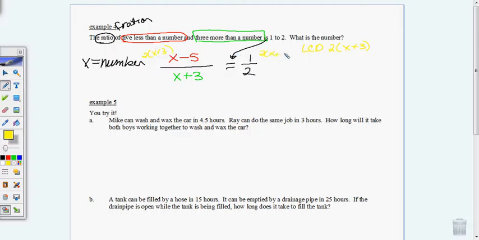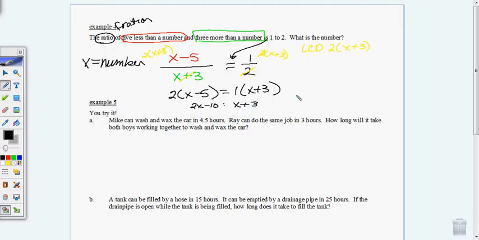And if somebody said, oh, I can cross multiply, if you know how to do it, that's fine. The x plus 3 is going to cancel out. The 2 is going to cancel out on this side. And I am going to be left with 2 times x minus 5 equals 1 times x plus 3. So 2x minus 10 equals x plus 3.